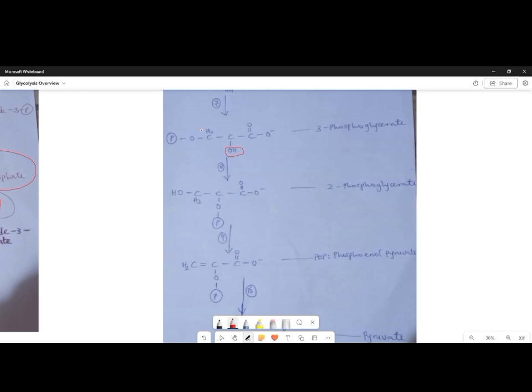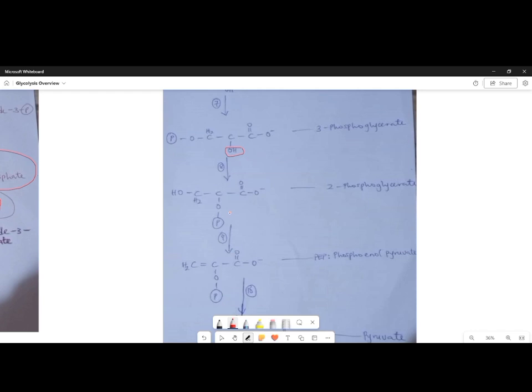So what has basically happened with 2-phosphoglycerate is that the OH group attached in 3-phosphoglycerate at carbon 2 is switched with the phosphate group.